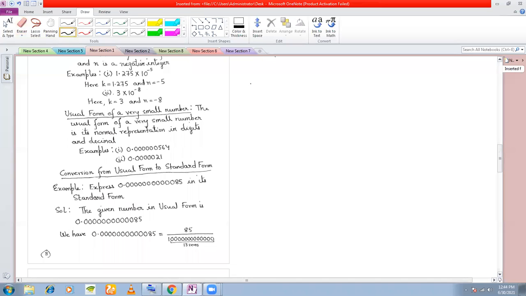Now, the usual form of a small number is as we write in decimals. Say I have 0.000001. This is the usual form of a very small number. Normally this is the way we write.